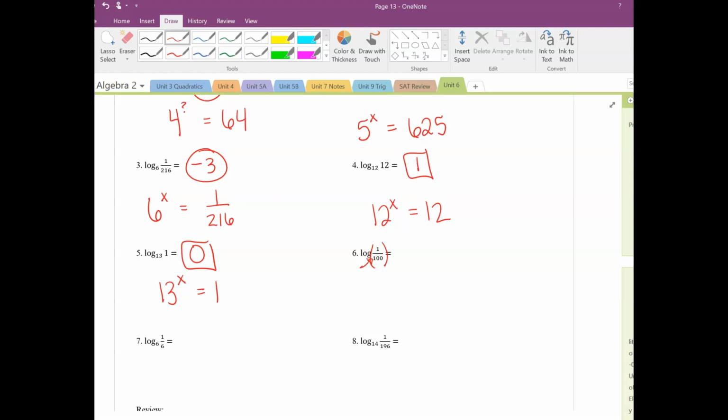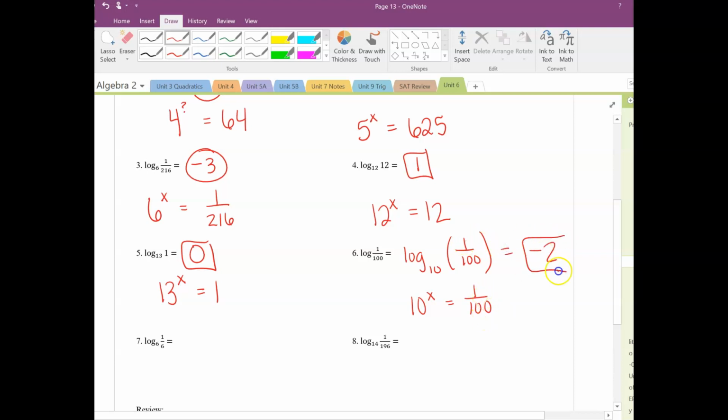So we're going to assume that if we don't see a base on a logarithm, the base there is 10. So this is equivalent to writing log base 10 of 1 over 100. We're rewriting this as 10 to what power would give me 1 over 100? Well, 10 to the second power would give me 100. To make that 1 over 100, I'm saying negative 2.